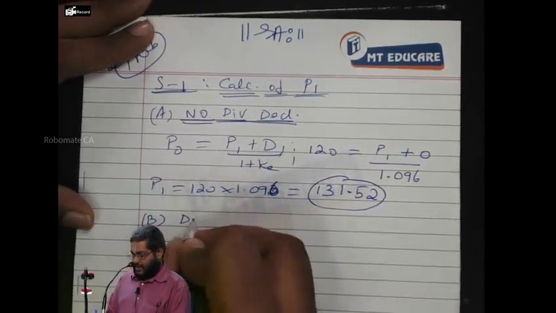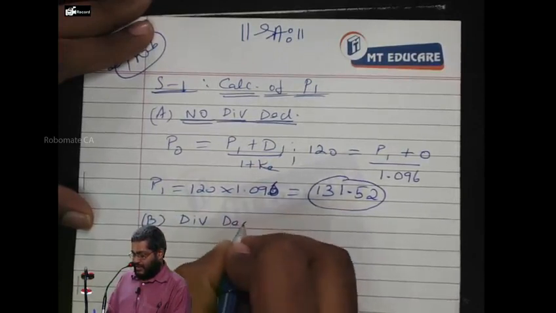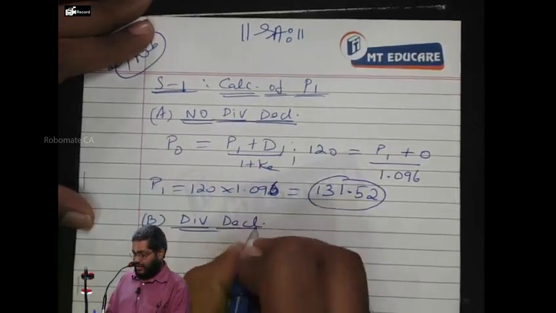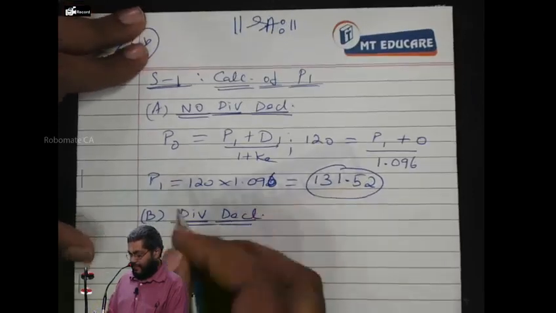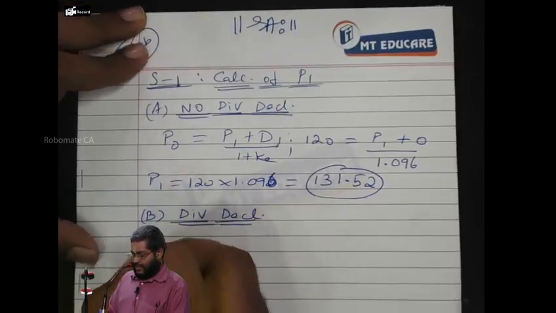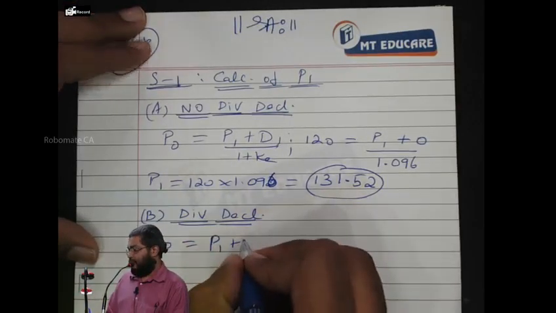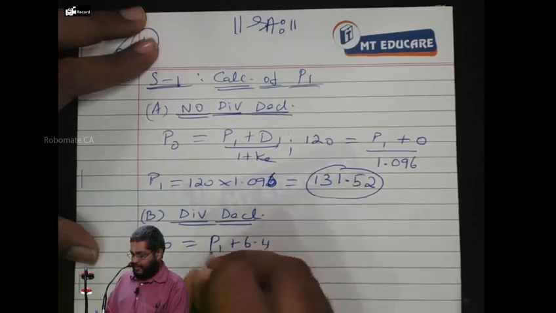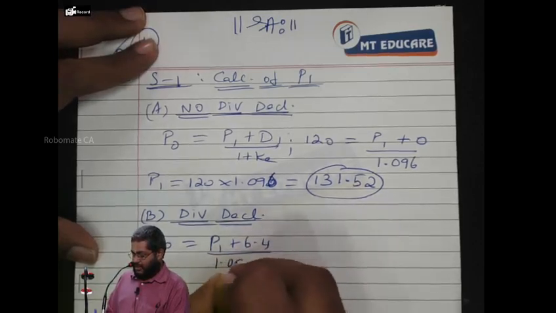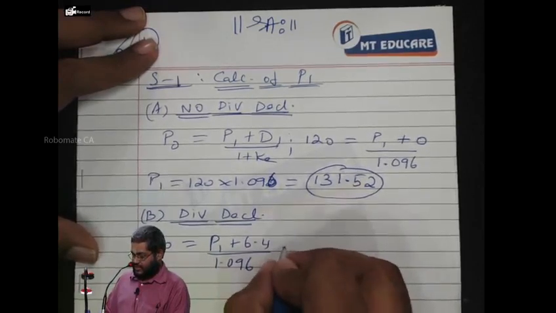What is capital B? Dividend is declared. What is P0? 120 is equal to P1 plus dividend of 6.4 rupees divided by 1.096.